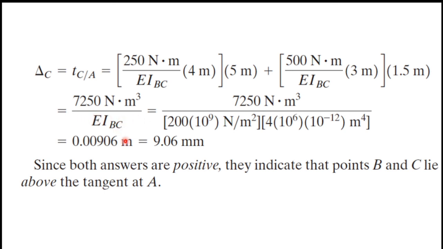You can easily substitute values for E and I BC. Then you will have delta C equals 9.06 millimeters. Since both answers are positive, they indicate that points B and C lie above the tangent at A. So that's how we find deflections using moment area method theorem 2.